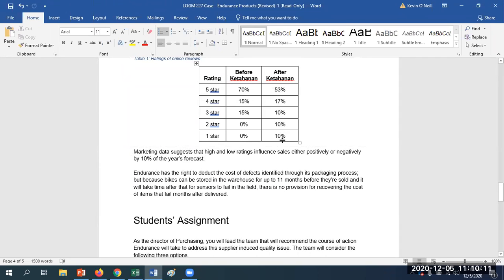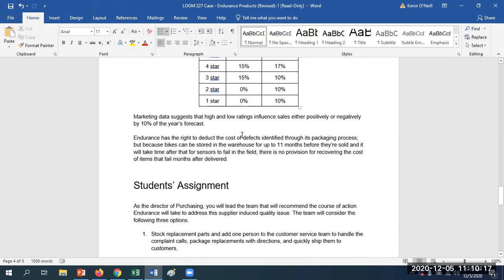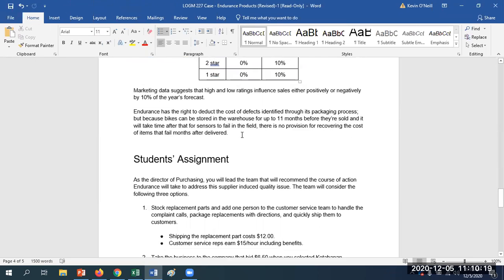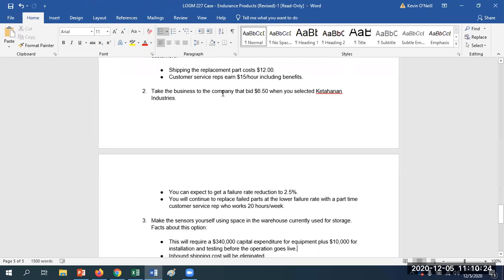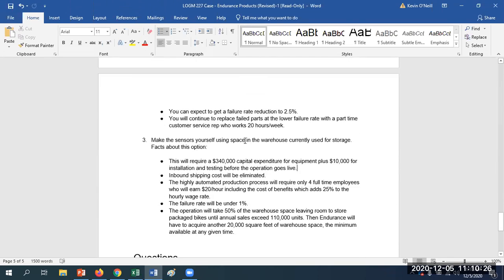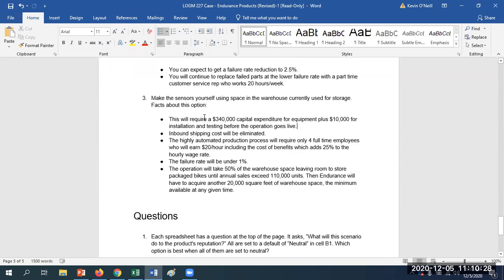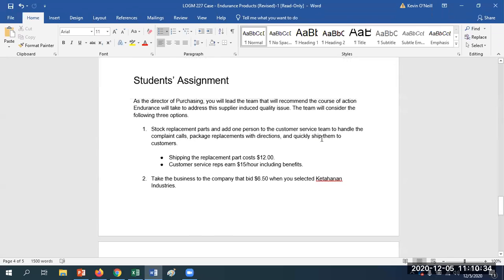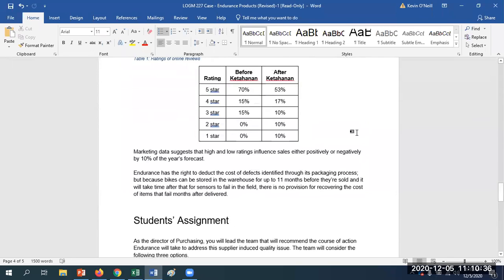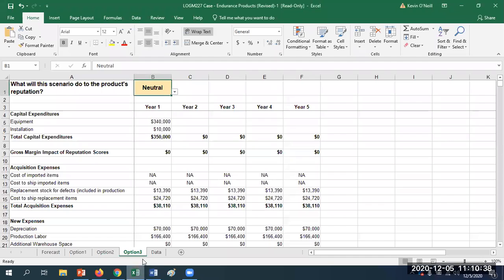We're seeing that in our ratings. We know we were at about 2% before, producing about 84,000, I think it was 84.2, and we also know that option 3 is going to get our failure rate under 1%. All right, yeah, I get it now. My bad about that. So you're going to have a pretty good idea of what goes with each scenario.